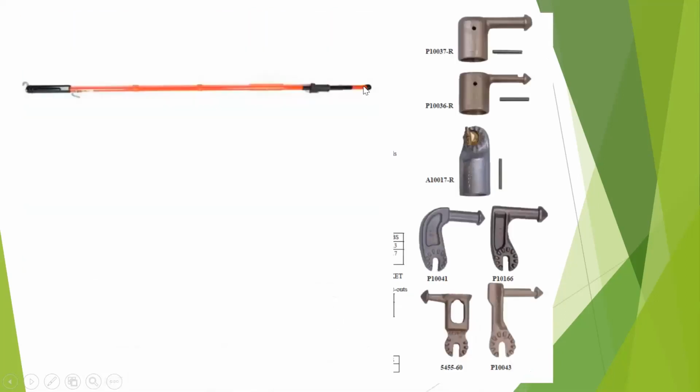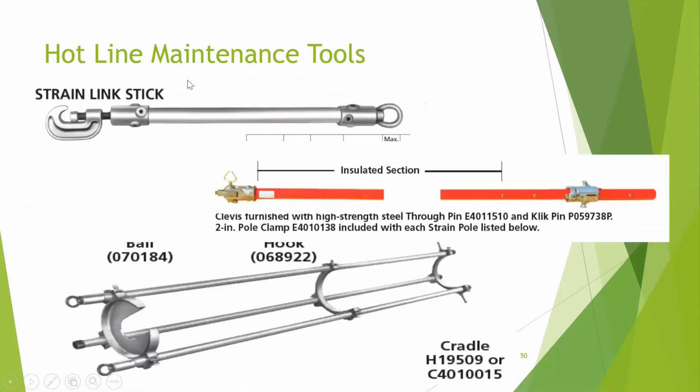Some other tools. This tool is called a gripple stick, and there are many tools that can be connected to the gripple. These are hotline maintenance tools, and there are hundreds of them.